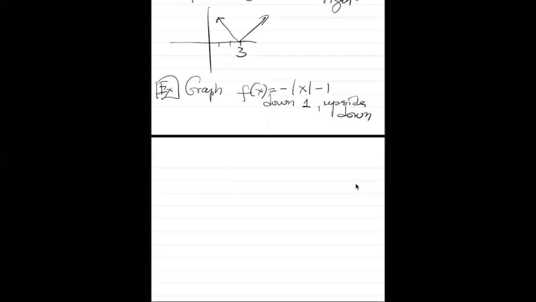So the graph, down 1 and upside down, will look like this. So this is the graph of negative absolute value of x minus 1. And this concludes the lecture for 2.2.